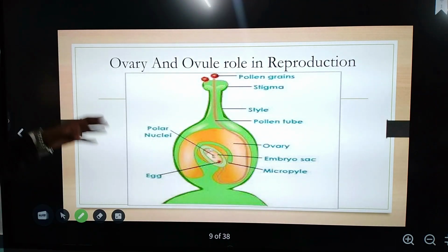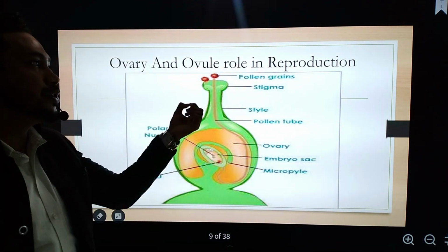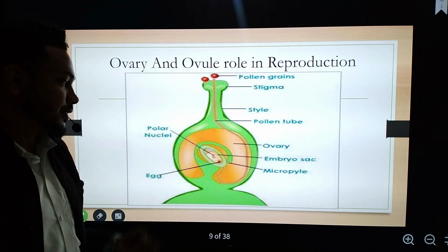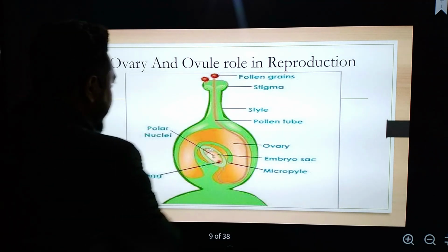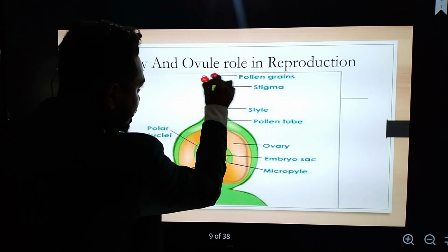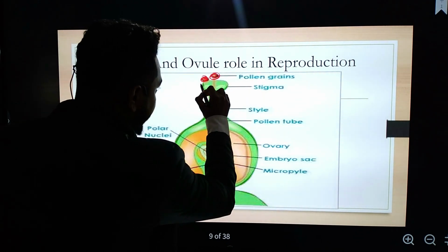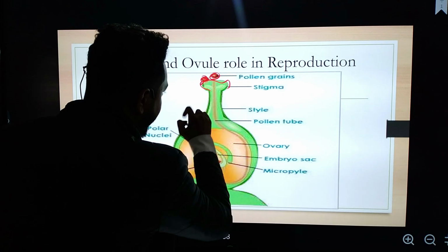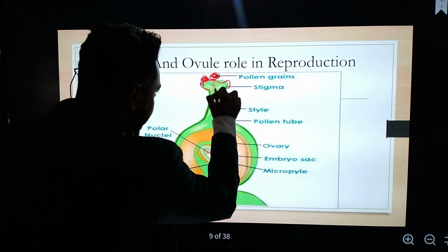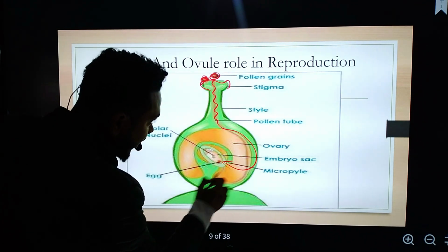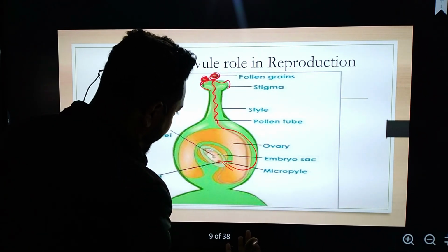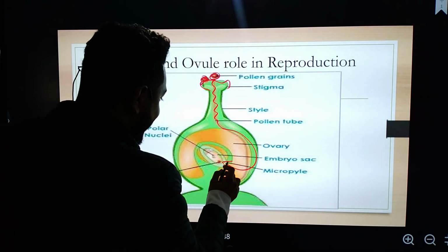Now you can see the very important slide, that is the ovary and ovule's role in reproduction. Here this is the female part of a flower, as I have told previously. Now just see, this is called what? Pollen grains, and whenever the pollen grains touch the stigma, the female part of a flower, they gradually develop a pollen tube and go and touch the ovary. Okay, not the egg directly.